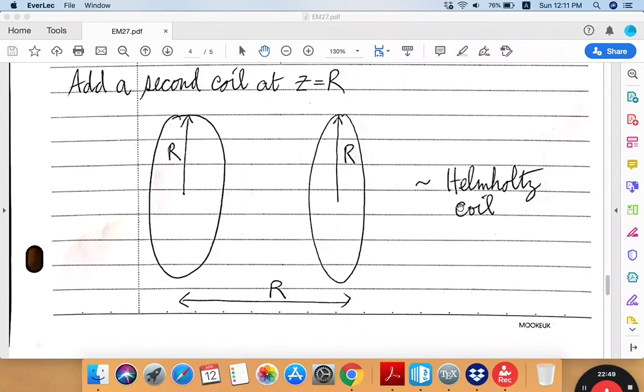The design itself is very simple. You just put together two identical rings and separate them at a distance equal to their ring radius. But such a simple design can give rise to an extremely homogeneous magnetic field. And that's quite useful from an engineering perspective.